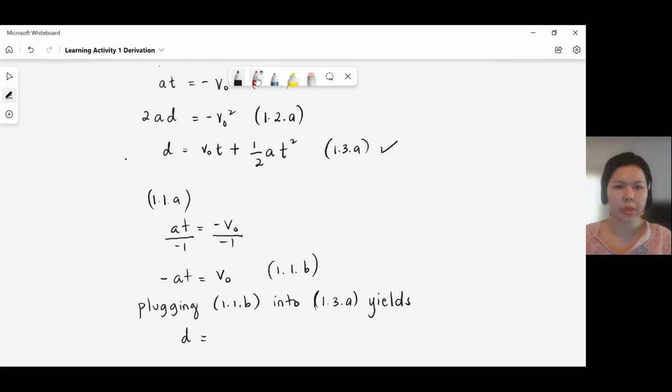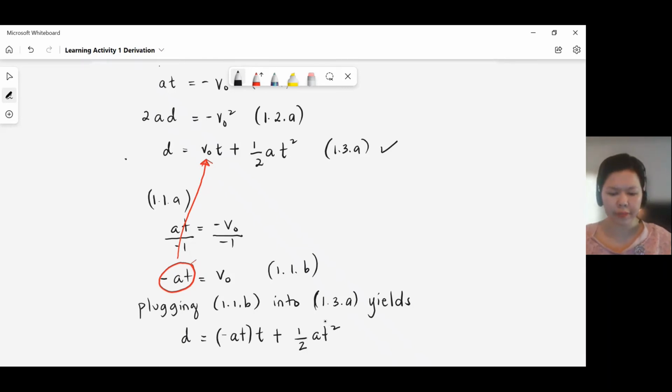So what I'm doing here is substituting this V naught, negative AT, into the V naught of 1.3 point A. So that will become negative AT, and I'm copying the rest of 1.3 point A, times T plus 1/2 AT squared.